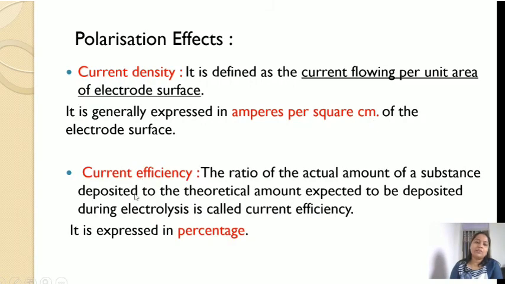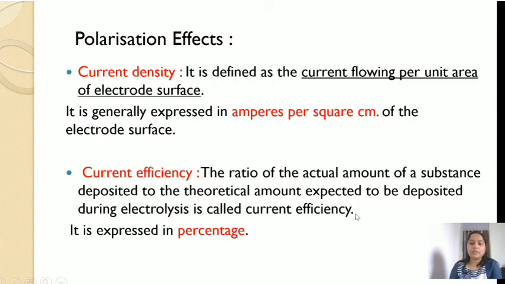The next important term is current efficiency. Current efficiency is the ratio of the actual amount of the substance deposited to the theoretical amount expected to be deposited during electrolysis.